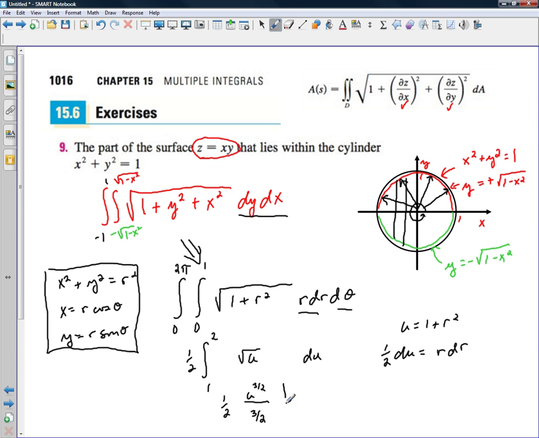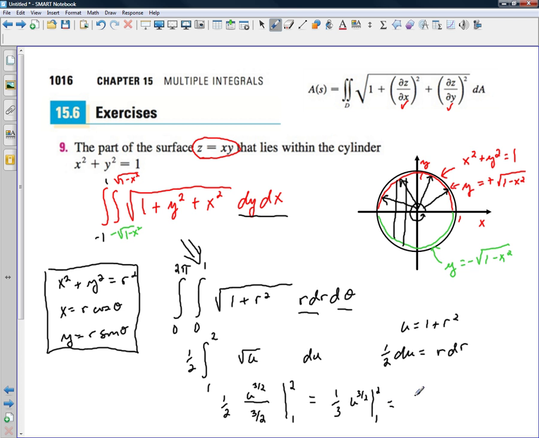And upper limit is 2, lower limit is 1. If we flip that fraction in the denominator, half of 2/3 is going to be 1/3. And then we've got u to the 3/2 with an upper limit of 2 and a lower limit of 1.